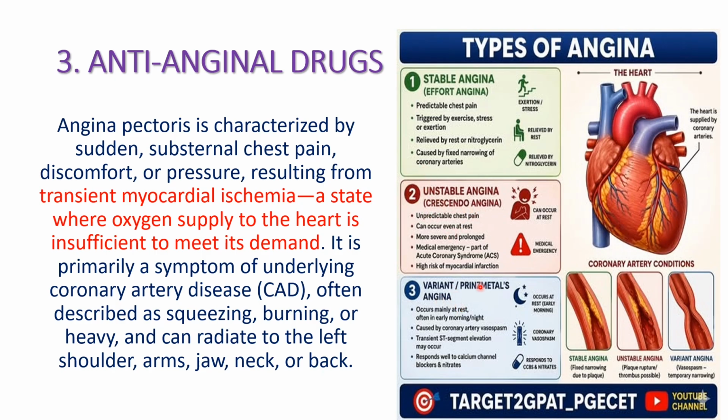And variant angina, which is the most asked question in GPAT and PGCET, is also called Prinzmetal angina. In Prinzmetal angina, the pain also occurs at rest, mainly in the early morning or late night, and it is caused by coronary artery vasospasm.